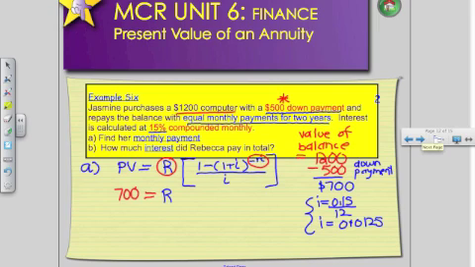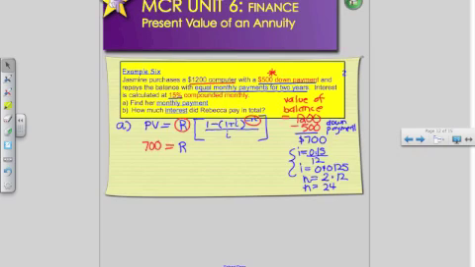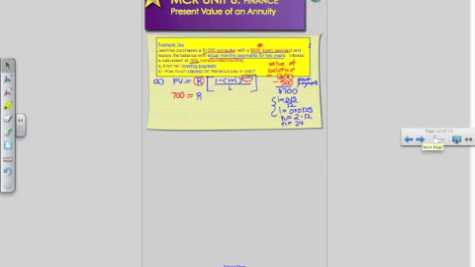This is a decimal. And my n is 2 years multiplied by 12 monthly payments, so n is going to be equal to 24.